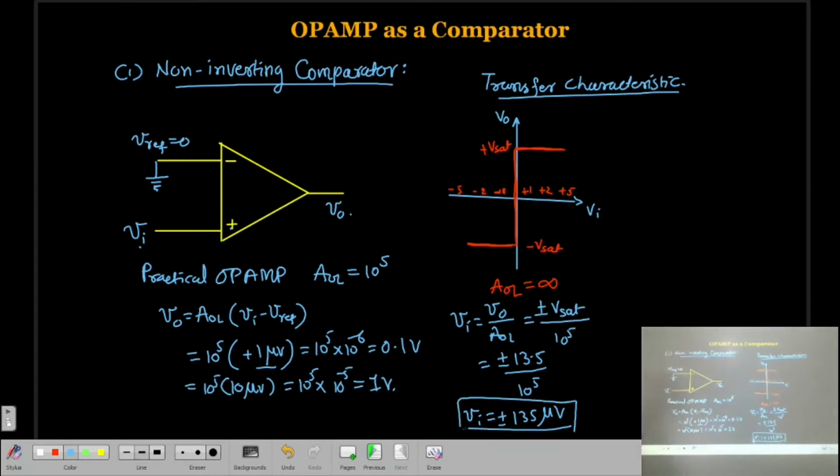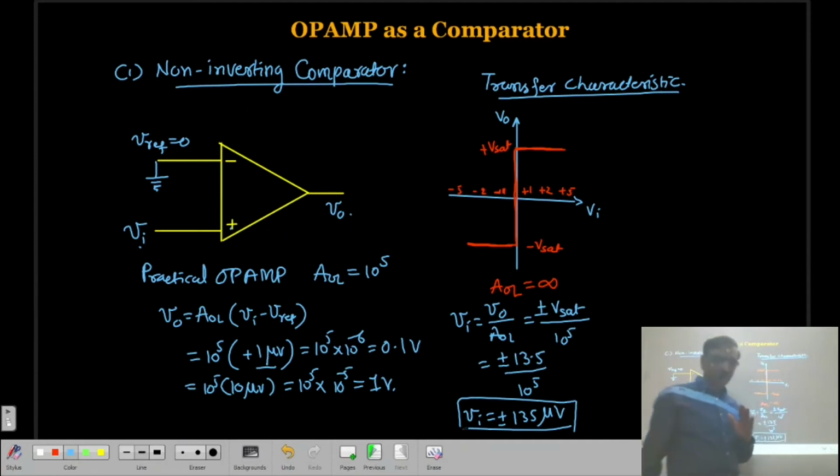Remember, what is the meaning of this? That if my input voltage varies between minus 135 microvolt to plus 135 microvolt, the output of the operational amplifier is increasing linearly. And then after that the op-amp will be in saturation.